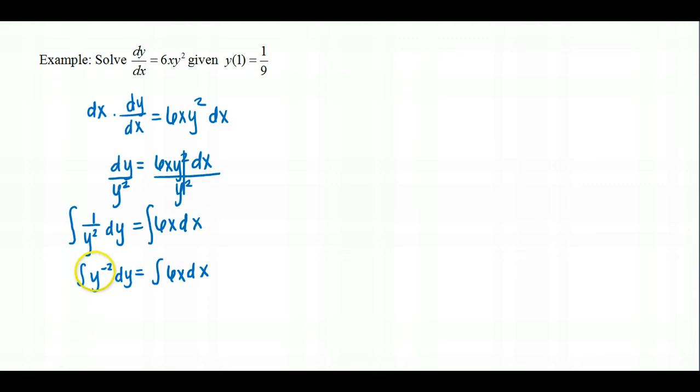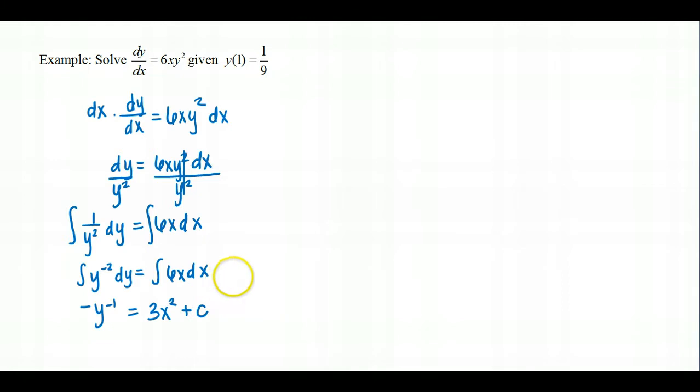The antiderivative on the left side is going to be negative y to the negative 1. Again, we're not going to include the plus c on the side of y. I'm going to instead include the plus c on the side with the x's. Using the power rule, I'm going to have an x squared divided by 2, and then 6 divided by 2 is 3, so I'll have 3x squared plus my generic constant c.